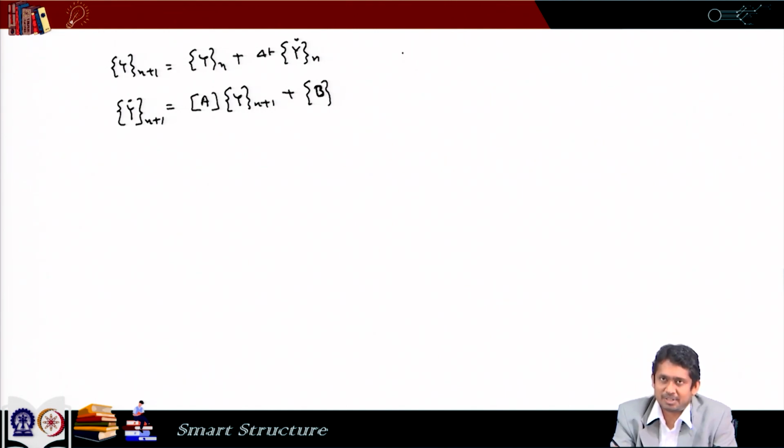Then we go to time t1. At time t1, this becomes y1, so y1 is equal to y0 plus delta t multiplied by y dot at 0. So, we can find out this.